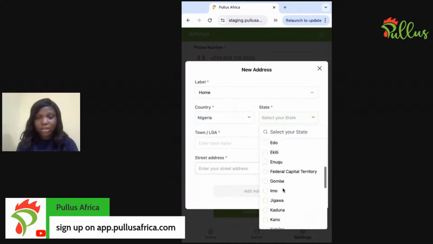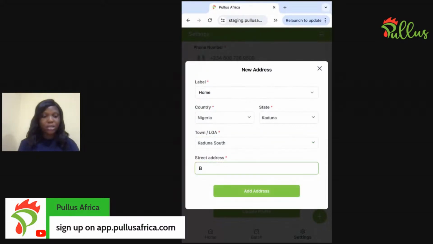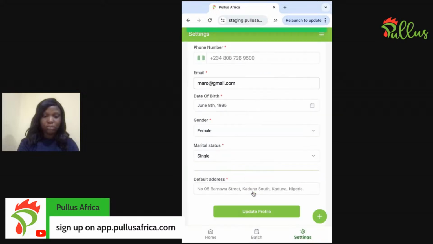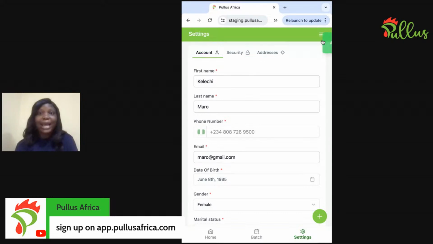So I'm going to put my address as Kaduna and Kaduna South, right? And I'm just going to do that. Once you update that, you get the notification on top that says address updated successfully, and then I'm just going to update my profile. Once you do that, you get the prompt again, account updated successfully, and your account has been updated successfully, right?